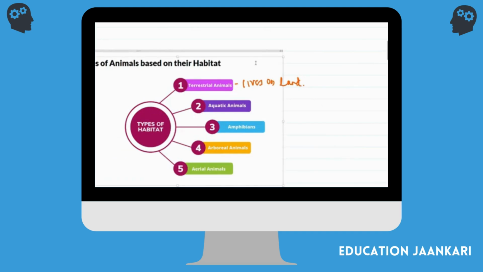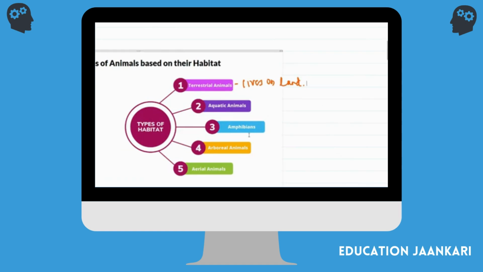So, what is a terrestrial animal? Terrestrial animals are the animals that live on land. So, tell me the examples, Ishan, which you told just now. First one is cheetah, tiger, lion, leopard, jaguar, panther, mountain lion.